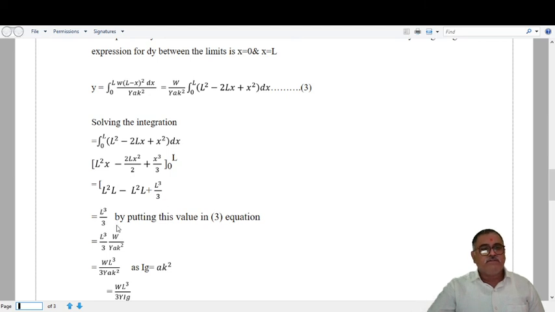This L cube by 3, this value which we got by the integration, will be put in equation 3.